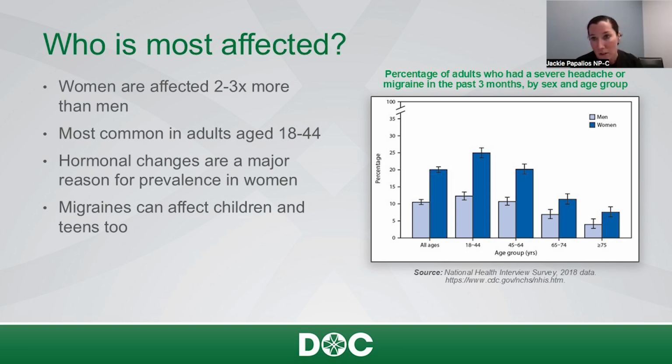So again, those are all the reasons that women can be more affected. It has to do with hormonal levels in the body. Migraines are most common in adults ages 18 to 44, and certainly can affect children and teens, but we'll stick to talking really more about the adults, since that's the population that we see most in pain management.